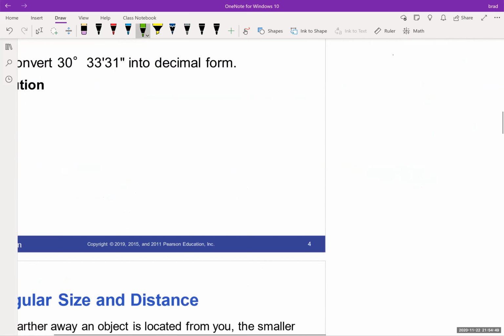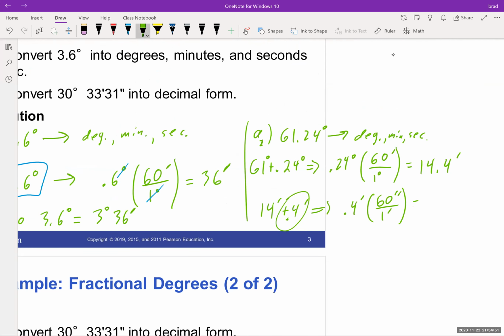All right, so we're going to do the same thing over here. And this is going to become, let me see here, should be 24. And once again, the little labels cancel, right? Those little labels cancel. And we're left with 24 seconds.